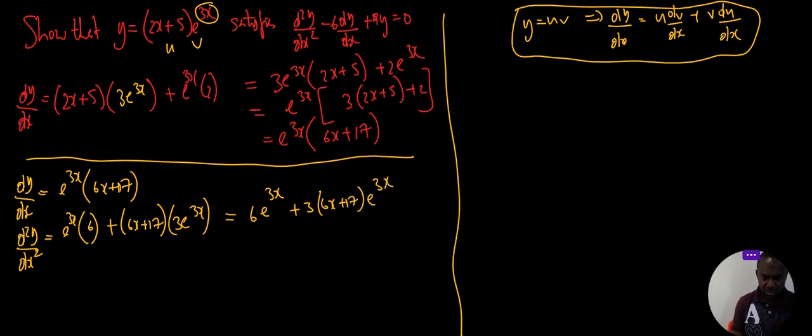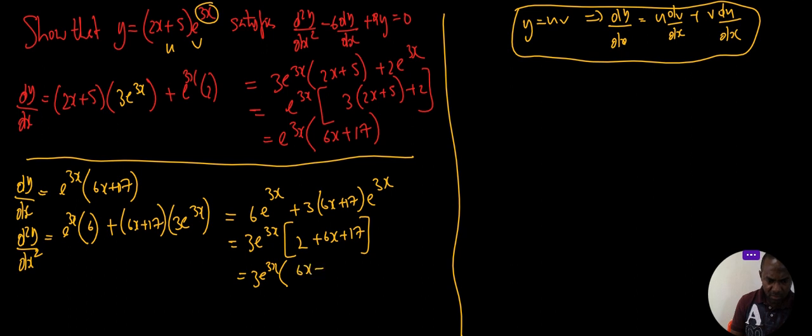So here we can factor out 3e to the 3x. This is going to leave us with 2 plus 6x plus 17, which is the same thing as 3e to the 3x times 6x plus 19. So that is our second derivative, but we're not finished.